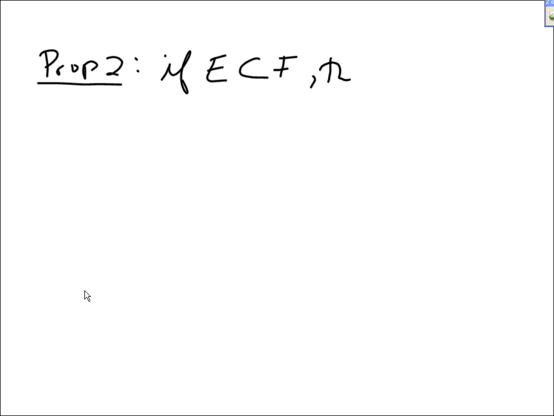Now, proposition number 2 says if E is a subset of F, then the probability of E is less than or equal to the probability of F. It can't be more.